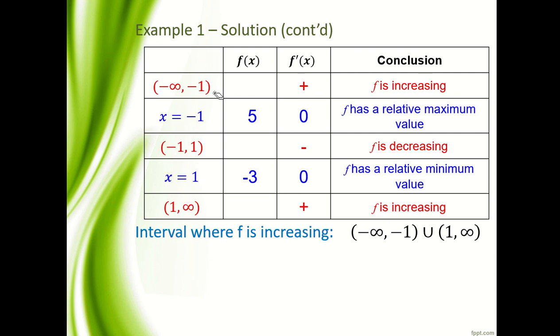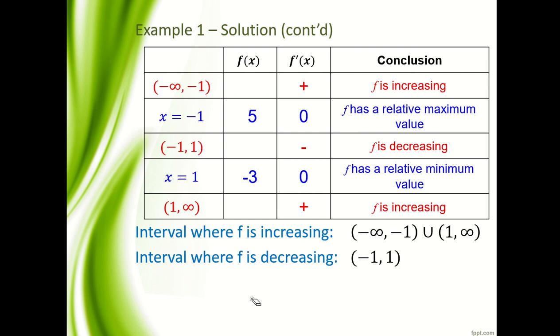On the interval from negative infinity to negative 1, the function is increasing. We also have 1 to positive infinity, where f is also increasing. So the interval where the function is increasing is the union of these two intervals. In both of these intervals, f is increasing.